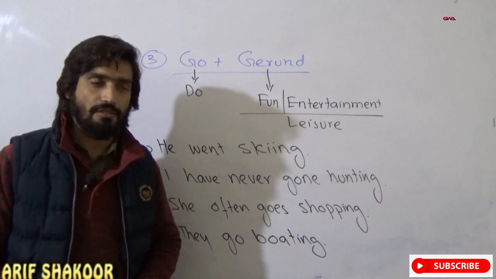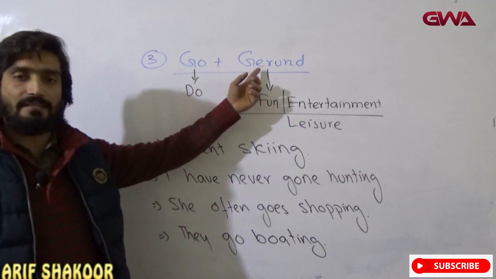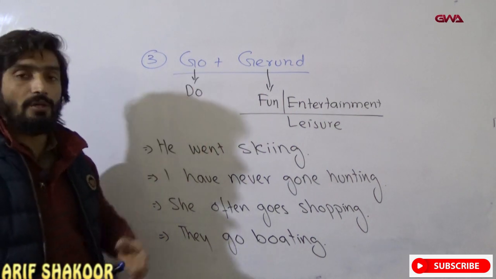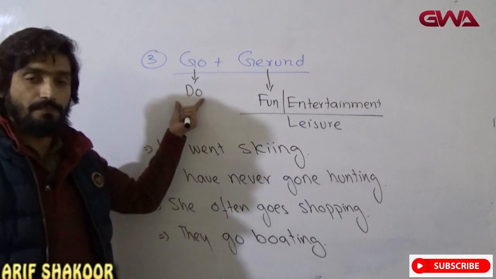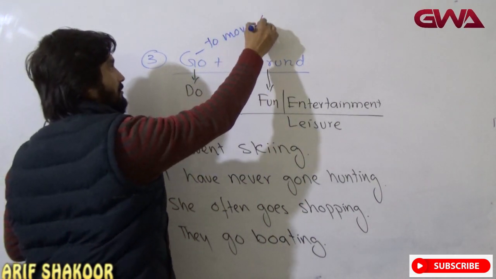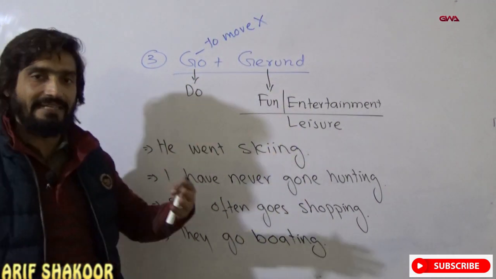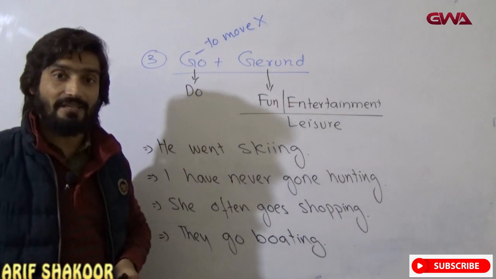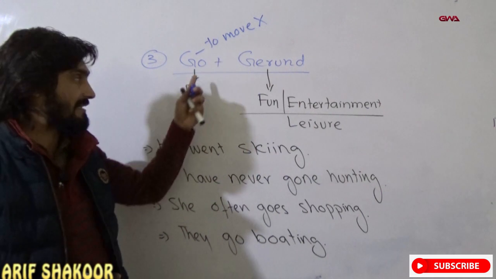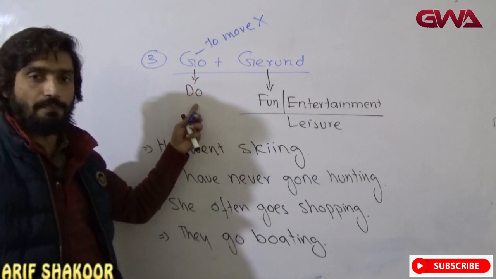The third structure, go plus gerund. We can use gerund after go. Now here, go means to do. It does not mean to move from one place to another place. Like Ali is going to the market. No. Go does not mean to move from one place to another place. Here, go means to do.